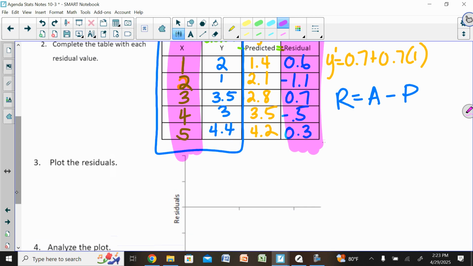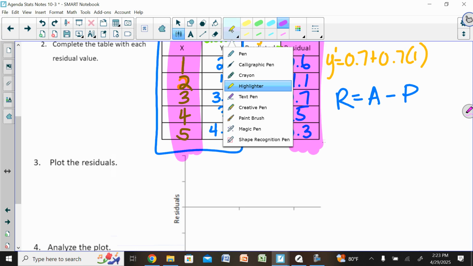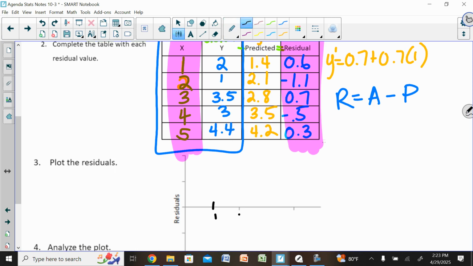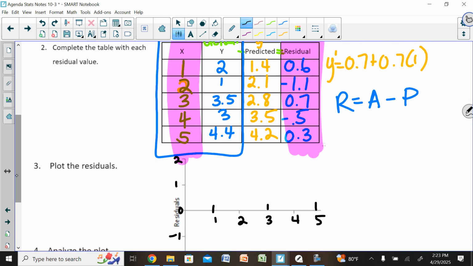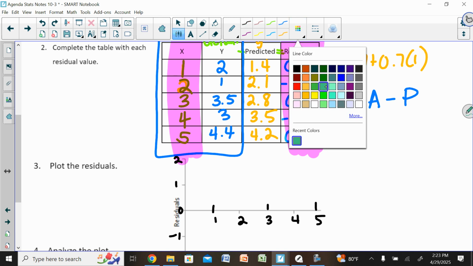So if I scooch up, oh, I guess I didn't label this very well, right? We'll make this 1, 2, 3, 4, 5. And then I've got a 0 in the middle. We'll make that 1 and 2, -1 and -2. So with my 1, for my x value, my residual value is 0.6.